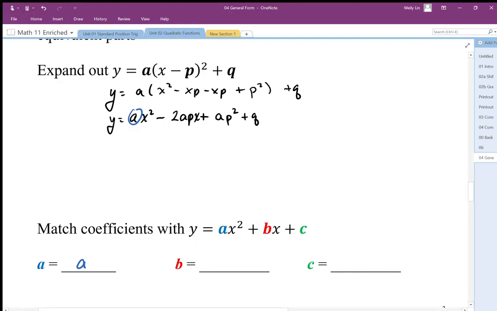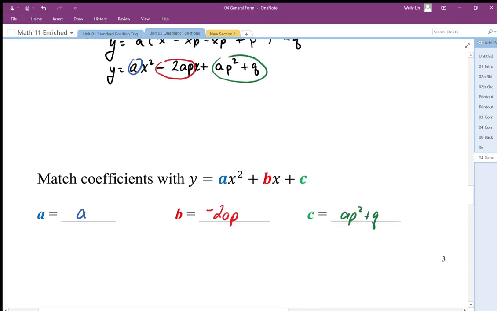The B, on the other hand, is this coefficient here, and we can say that B must be equal to that same coefficient, so negative 2ap. And then the C term must be equivalent to this term here, that's ap squared plus q. So those are all equivalent. With the A's, we're basically corroborating that they are the same.